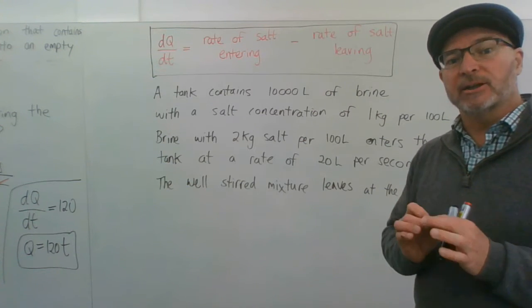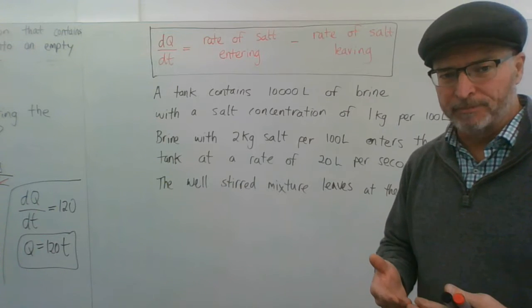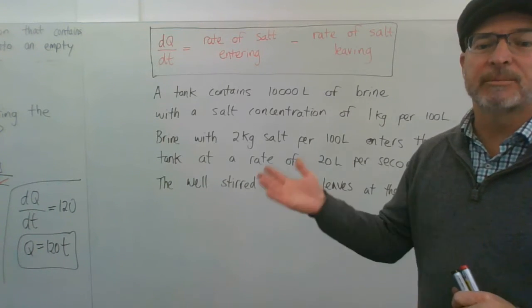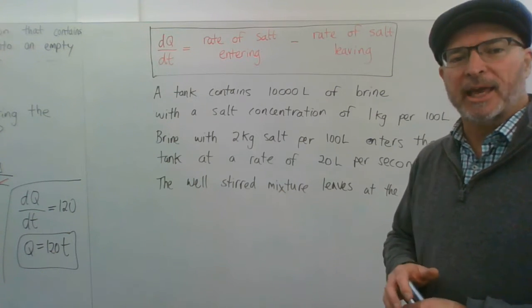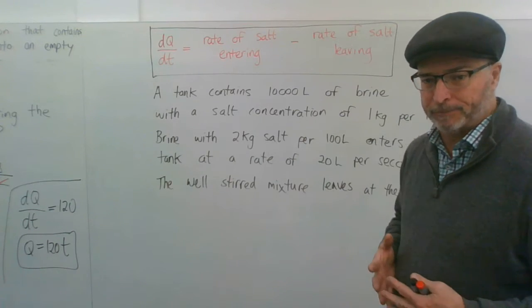Now, the best thing to do is to look at the rate of change of the amount of salt over time, form that equation, and then, like I did previously, solve the differential equation to get the amount of salt is equal to some function of time.